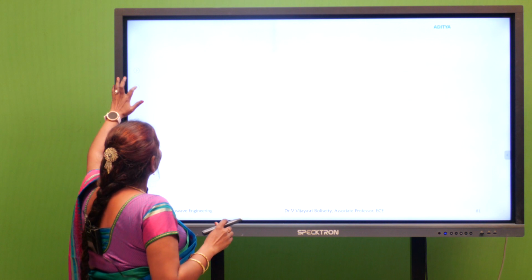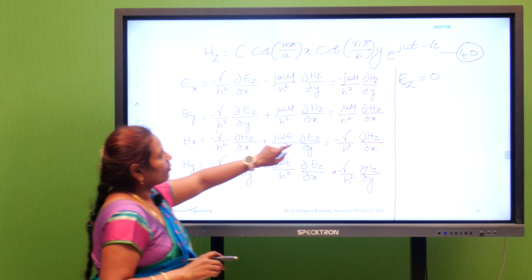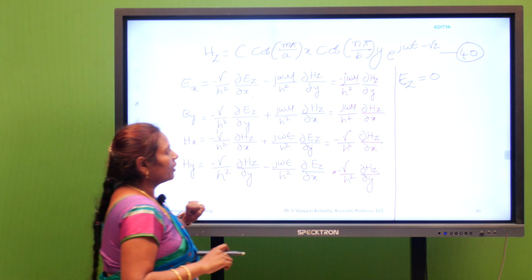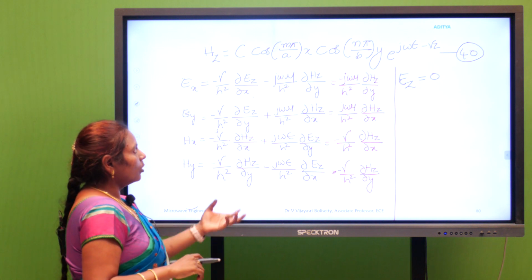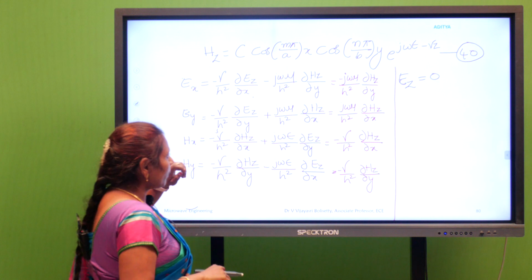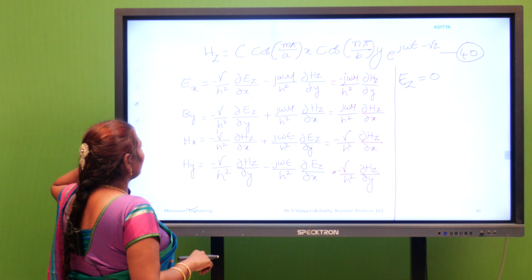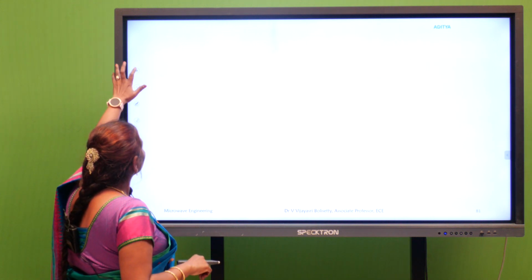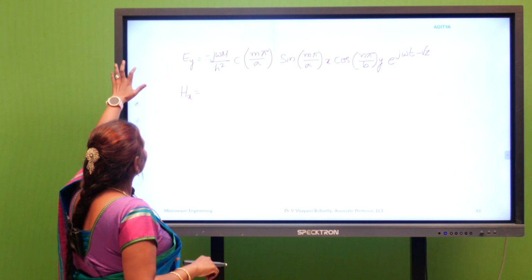If you see for Hx, Hx is equal to minus gamma by h square dou Hz by dou x. So instead of minus j omega mu by h square, if you write minus gamma by h square, we will get dou Hz by dou x.